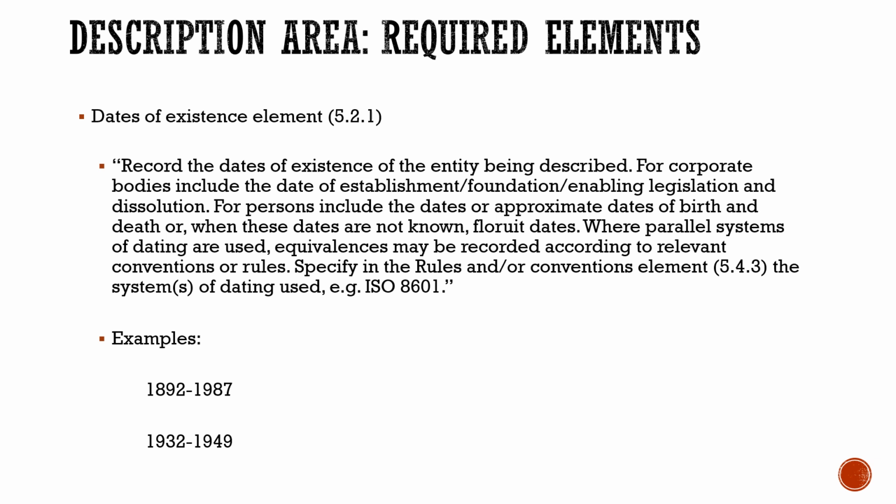Where parallel systems of dating are used, equivalences may be recorded according to relevant conventions or rules. Specify in the Rules and/or Conventions element the system of dating used, for example, ISO 8601. And there is an example on the screen.